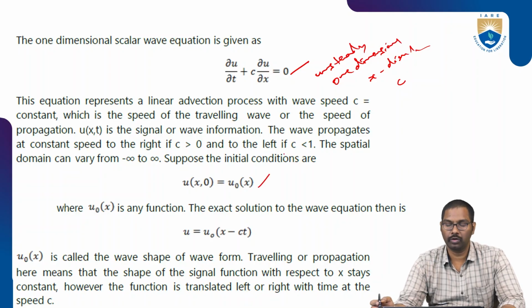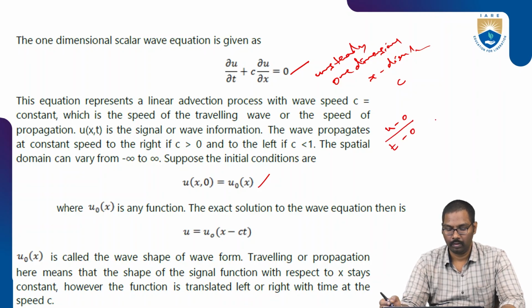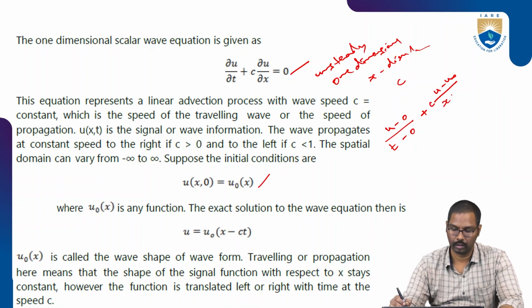The exact solution to the wave equation is u = u0(x − ct). Taking ∂u/∂t as (u − 0)/(t − 0), plus c times (u − u0)/(x − ct), we consider this.